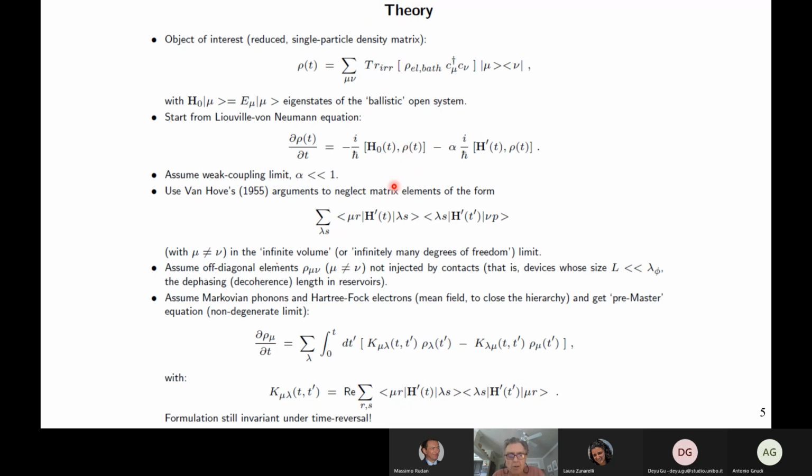You integrate it recursively, perturbatively I should say, stopping at the leading order in the term which is proportional to the collisional terms that you might have, electron-phonon in this particular case. You ignore the off-diagonal elements, and you end up with an equation which we call the pre-master equation, which describes the evolution of the occupation of each state.